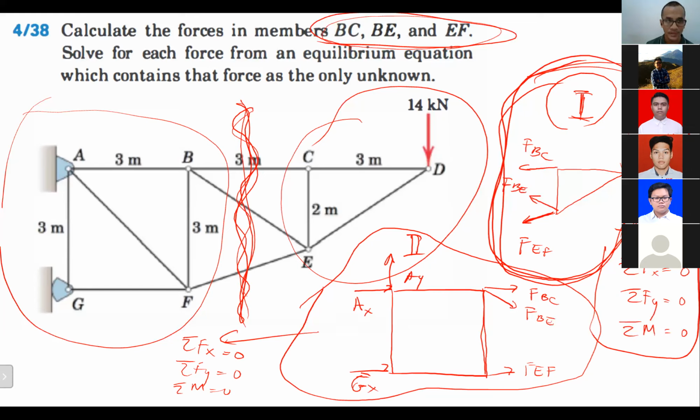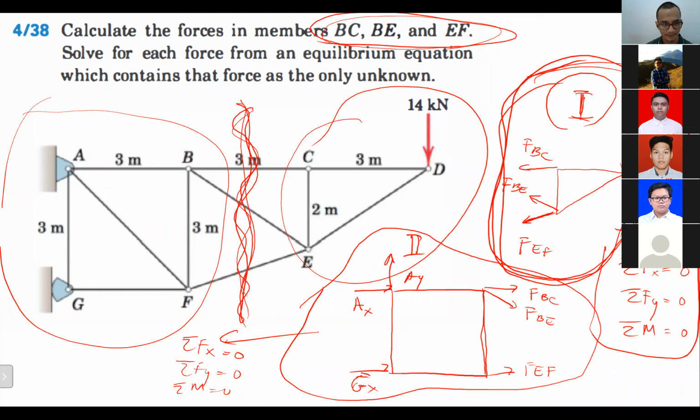Yes. It depends on your creativity. So try your best to find a cutting line where just by using one free body diagram is enough. But sometimes it's unavoidable to use two free body diagrams.